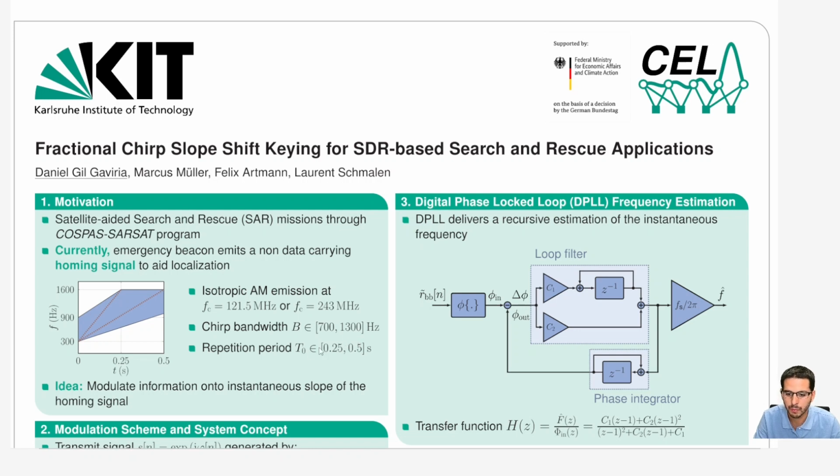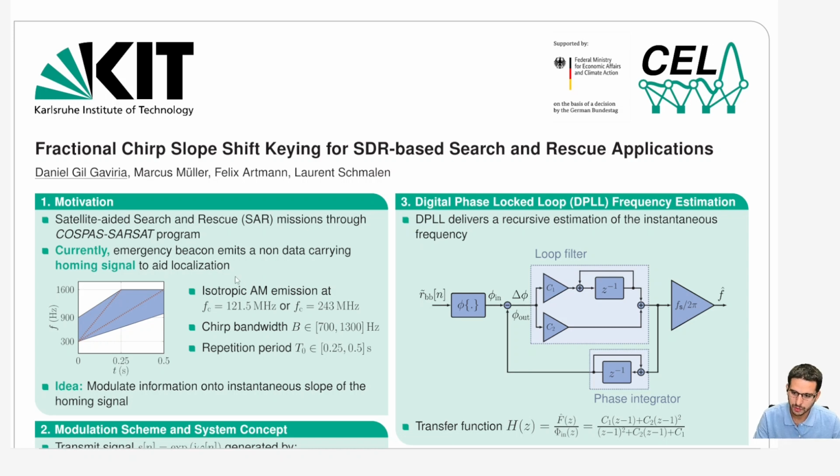The repetition period of the signal has to be between a quarter of a second and half a second. So in total we get this blue area in which the chirp signal should be contained. And here we have two examples of chirps that would meet these specifications.